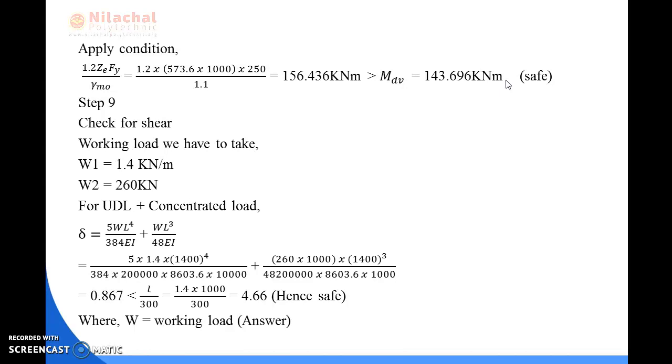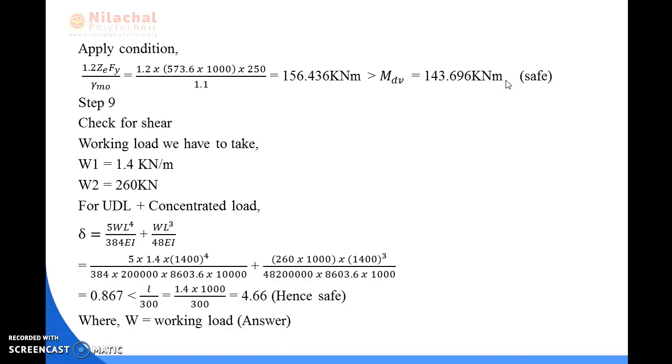So the last one, step 9, is the check for deflection. While considering the deflection part, we need to apply the working load and exclude the self weight of the beam. In the first step, the W1 value, as the working load, is equal to 1.4 kilonewton per meter, and W2 value is given in the question as 260 kilonewton.